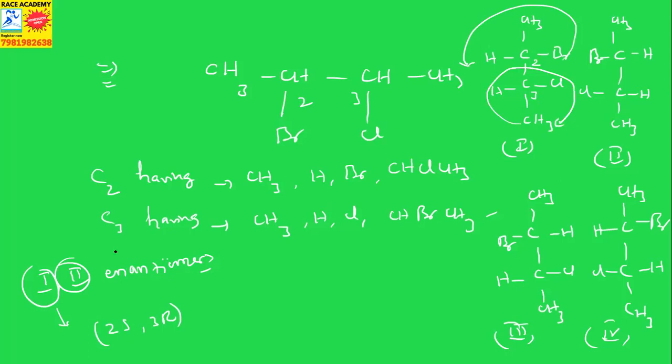Okay. And coming to the second one, what is the case? This can be written as 2R, 3R. So in the second one, the right hand rotation is coming like this, that is 2R, and if you take C3, it is also coming in the right hand direction, that means clockwise direction, that is 3R.